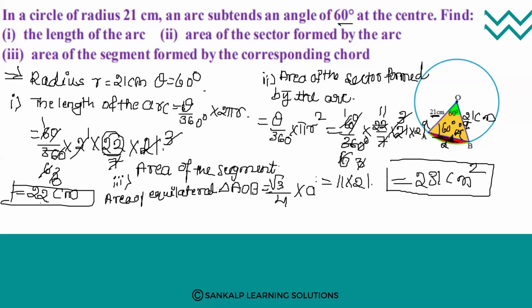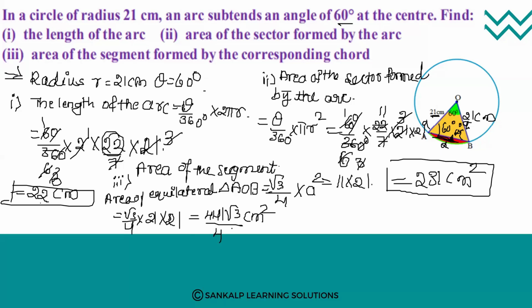Right? This is the formula to find the area of an equilateral triangle. So root 3 divided by 4 into a square, which is 21 into 21, is 441 root 3 divided by 4 centimeter square. Okay, this is the area of the equilateral triangle.